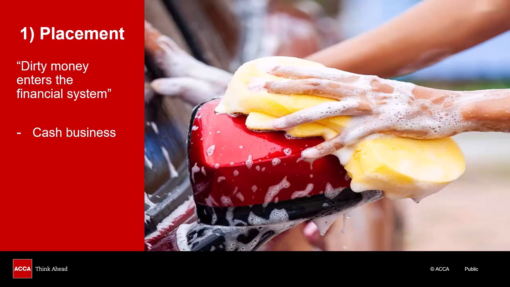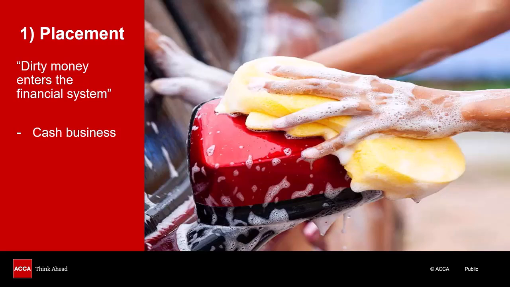And the reason it's really helpful to have a cash business, what you do with your car wash to place the money into the system, is your car wash is a normal business. It runs as an ordinary operation. You might take, let's say, $1,000 a day through your car wash, through legitimately washing cars, because your cash business needs to be a legitimate business.